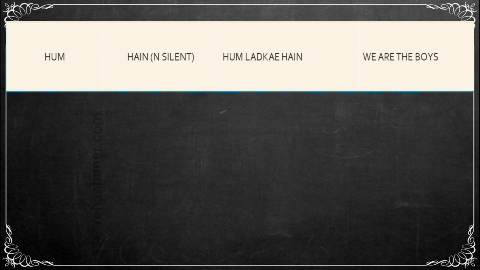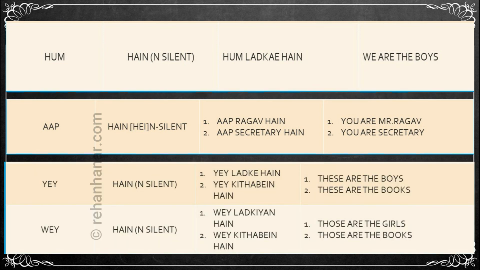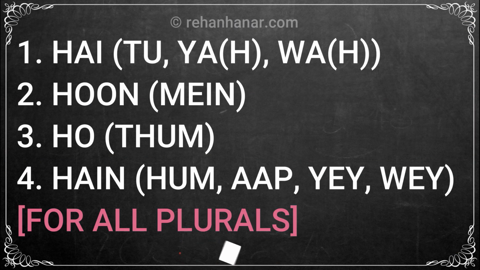We are boys. आप सेक्रेटरी हैं. ये किताबें हैं. वे लड़कियां हैं. For all the plurals, हैं. Therefore, hoon, है, hoon, हैं.